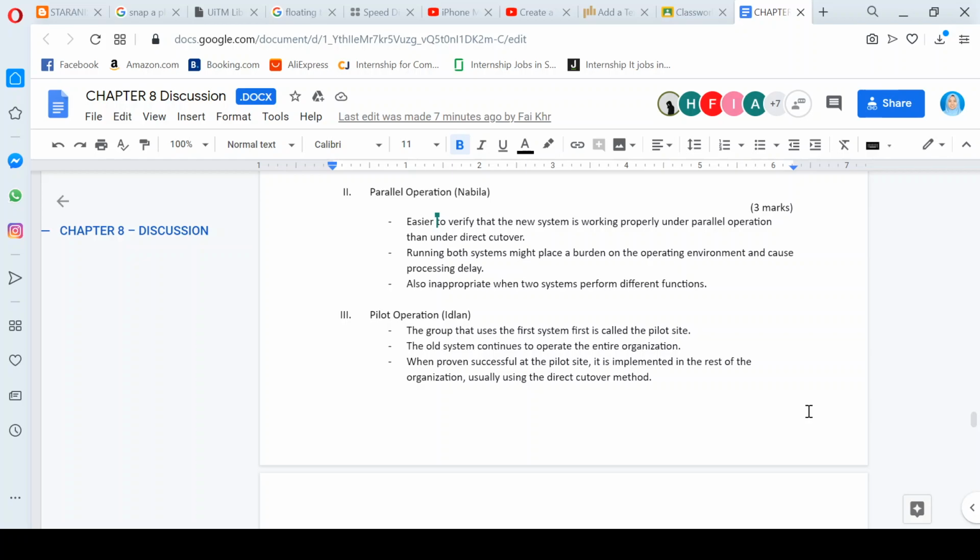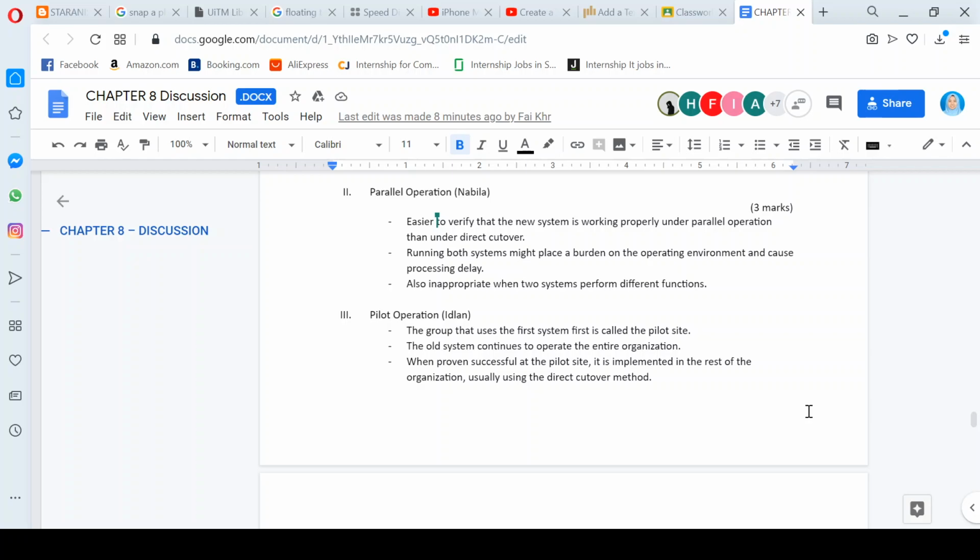Okay, point yang pertama. The group that uses the first system first is called the pilot site. Okay, cuba relate dengan arrow tu. So, new system tu adalah pilot site. Kan? Okay, contoh example, saya pakai Island V2 dengan V3, dengan new feature.